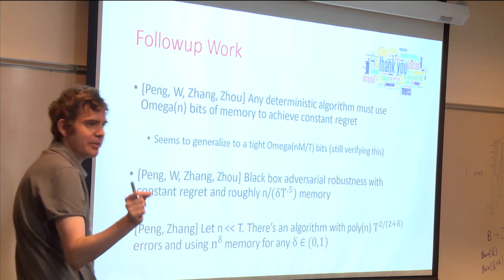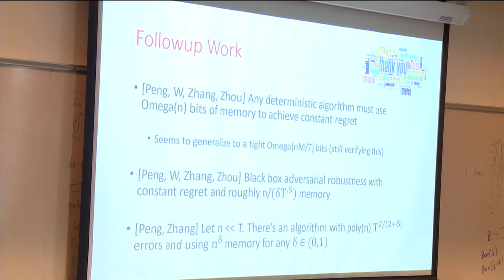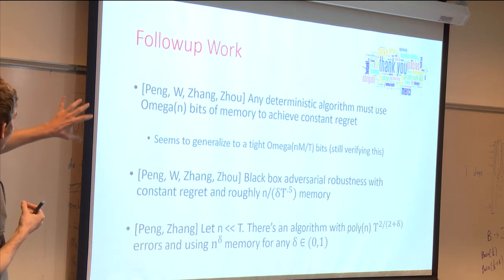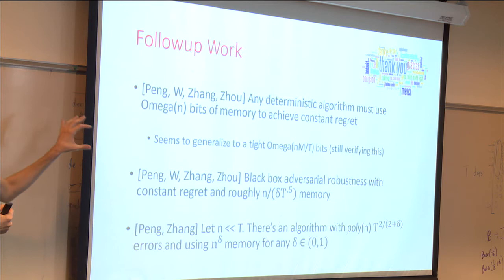But going back to a question about the input model, oftentimes in online learning, you want to allow the adversary to choose the input as a function of the predictions made by your algorithm. Our algorithms that achieve good bounds are randomized, and they don't allow this.